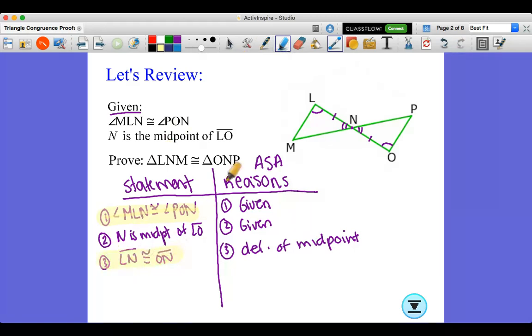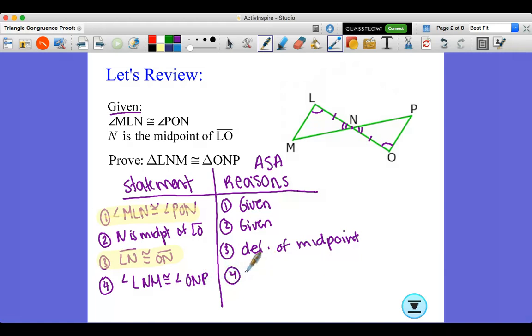I'm highlighting things, and maybe you know why I'm highlighting them. Maybe you don't, and that's okay. I'm going to address that in a moment. The next thing we knew was these two angles, right? Remember that I can't just say angle N, because N is the vertex of many different angles. Angle LNM is congruent to angle ONP.